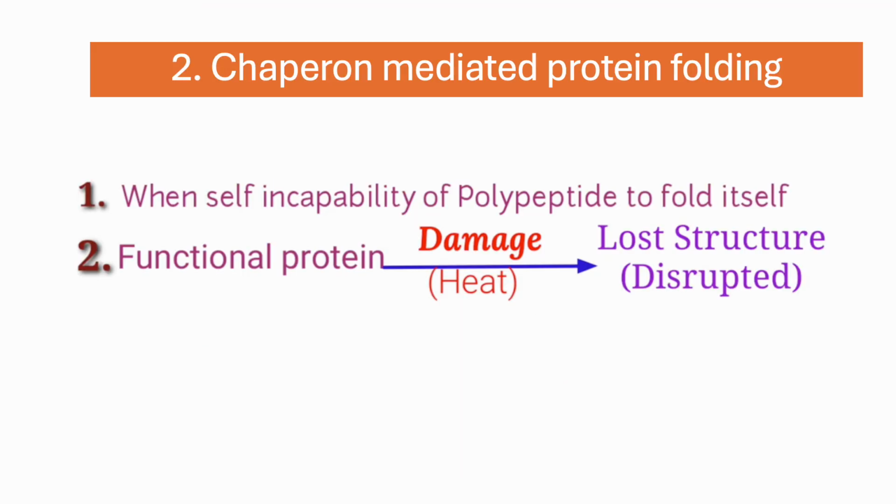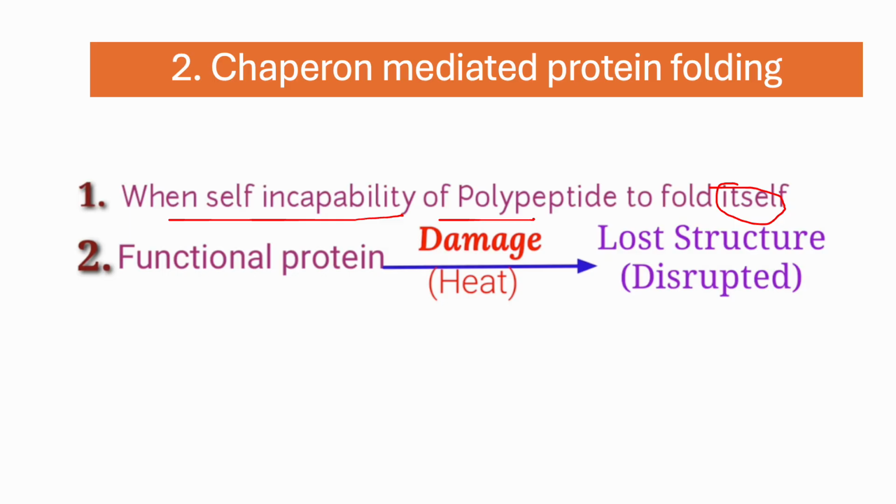So what about chaperone-mediated protein folding? As we told previously, in spontaneous protein folding proteins can fold without any help of chaperone, but here chaperone can help to fold the protein. Why is chaperone needed? Because when self-incompatibility of the polypeptide is present, they can't fold by themselves, then they need help to fold.